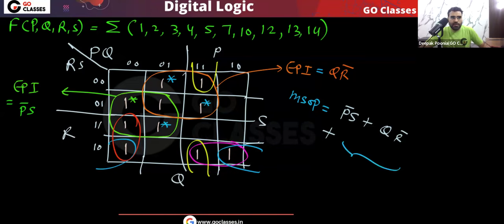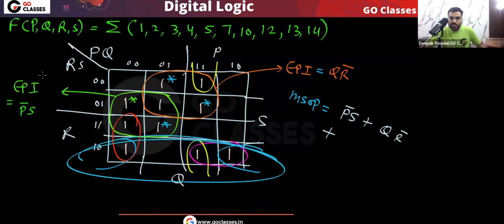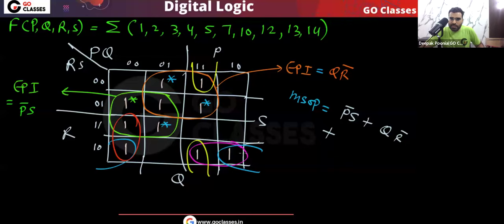I need to take two PIs to cover these three one cells. Pink and blue I have already considered. Now what I can do, I can take this pink, and to cover this one I can use this red.